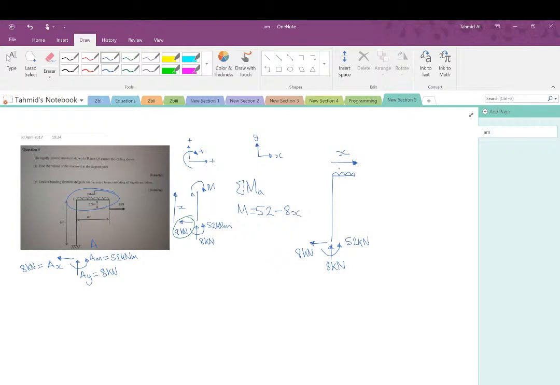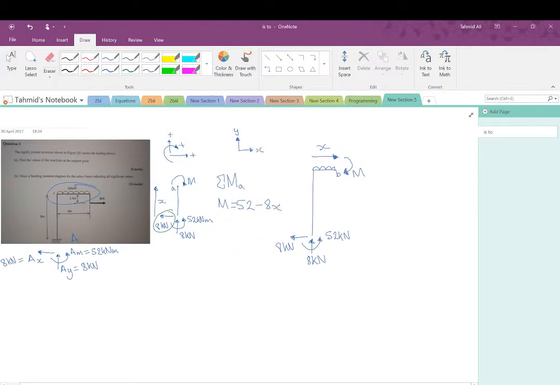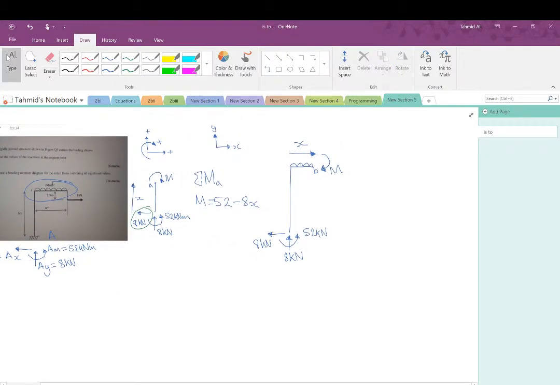Now, this time, let's make the moment the same. So this is also going to be positive, going clockwise, and it will always be clockwise. So denote it as M. Let's call this B. So the sum of moments about B is going to be equal to 0, correct?